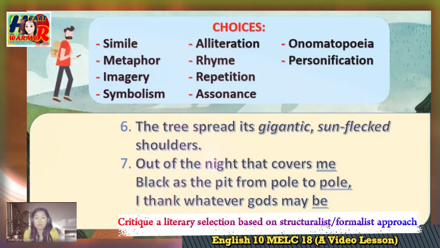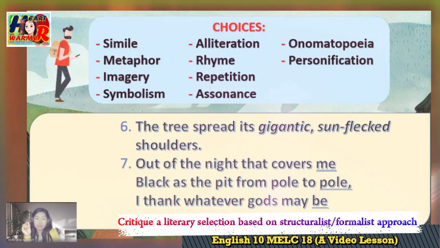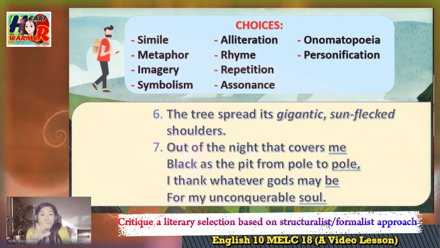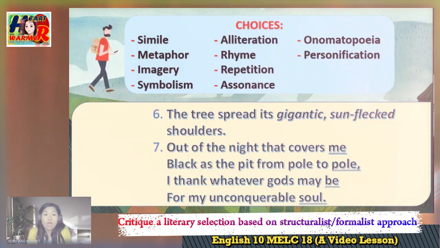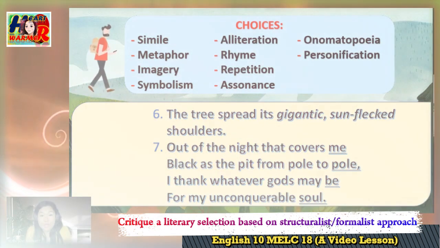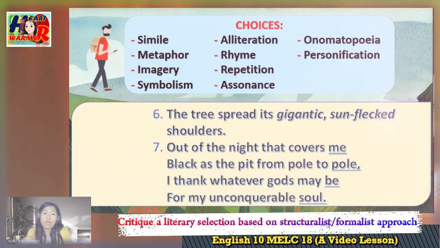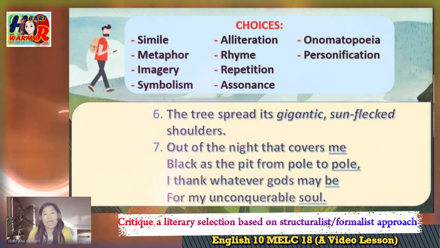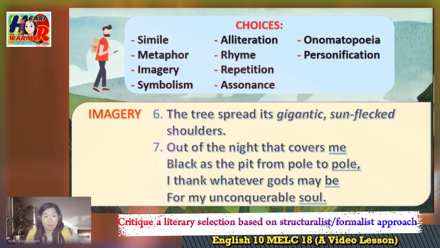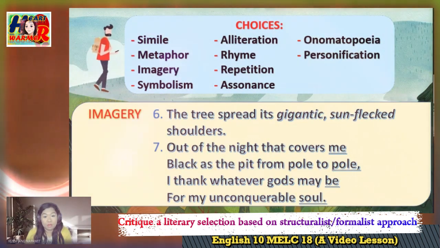And this becomes visual imagery because we could imagine how big the shoulders or the branches of the tree are. So gigantic refers to size, and sun-flecked refers to its appearance. So that means this pertains to what we call imagery.